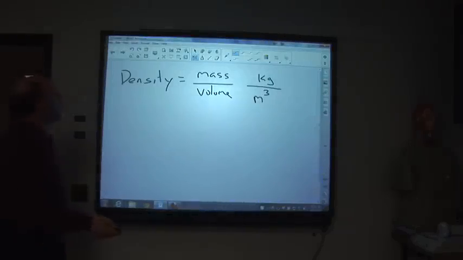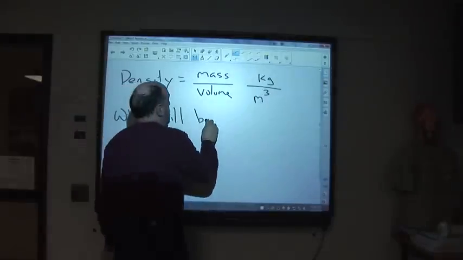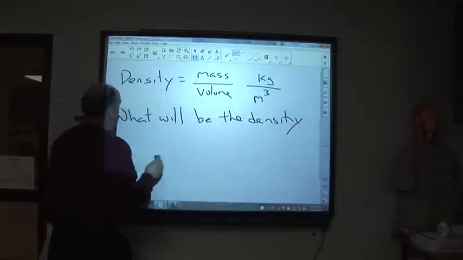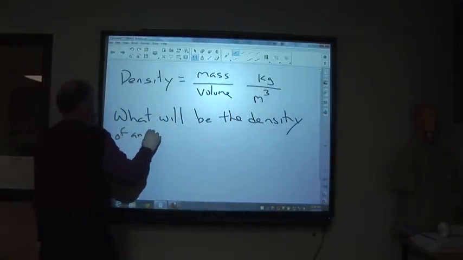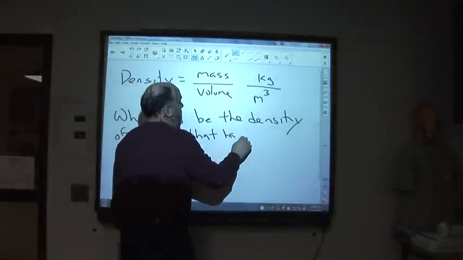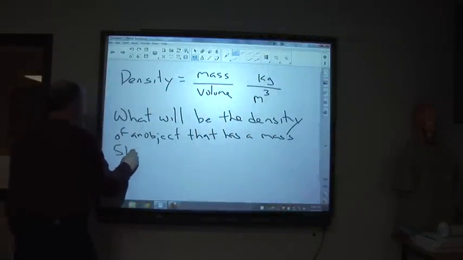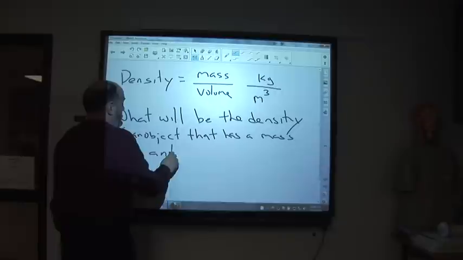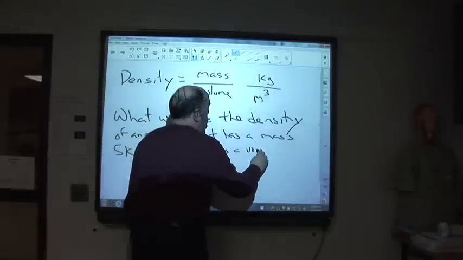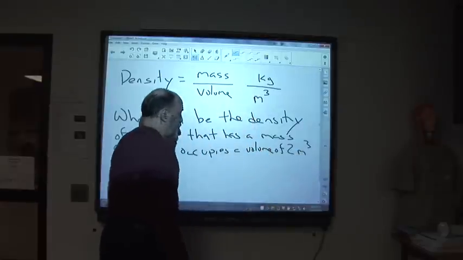So for example, what will be the density of an object that has a mass of 5 kilograms and occupies a volume of 2 cubic meters?